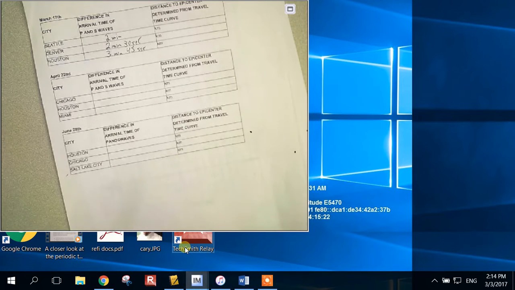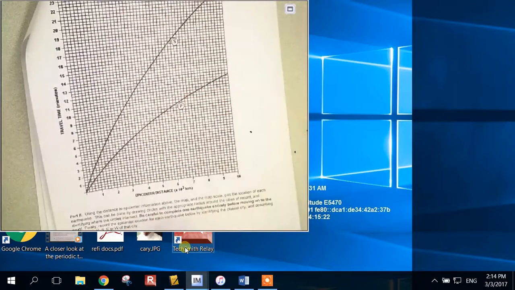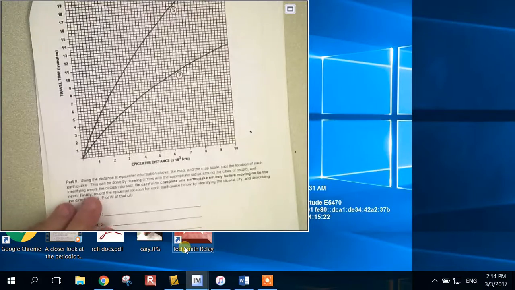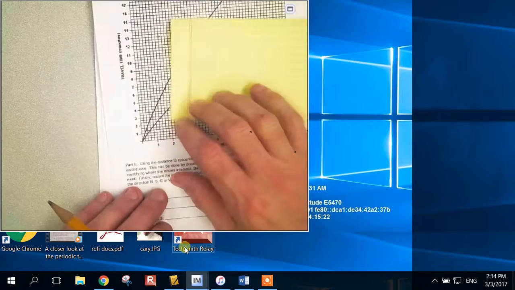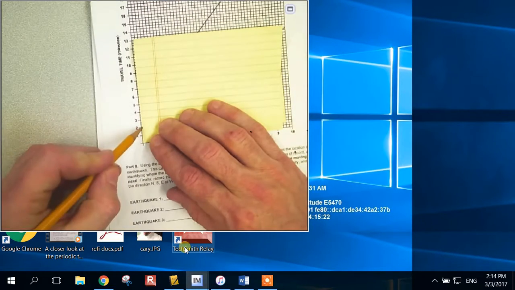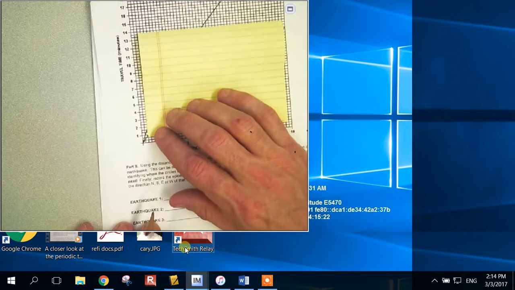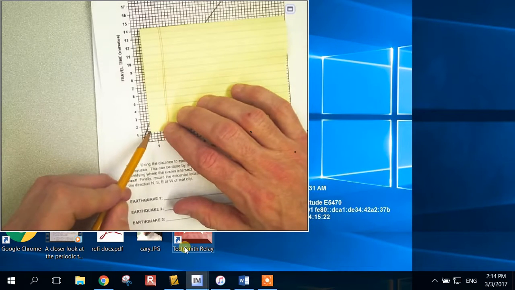Okay, once I do that, I have to take these amounts, and using a sheet of paper, like you've done in class several times, I have to go to the graph that shows the distance from the epicenter and the travel time. Since I know the time difference was 2 minutes for Seattle, I go ahead and mark 2 minutes on my paper, keeping this paper perfectly vertical and keeping this edge on the P wave line.